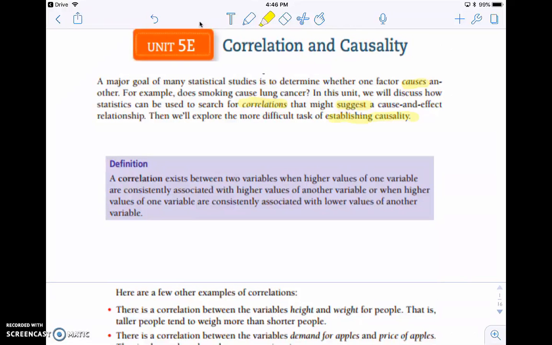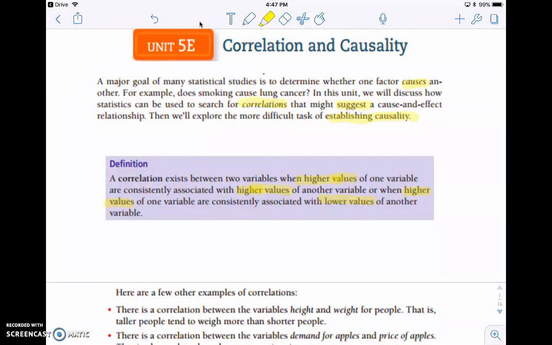And so when we talk about this idea of correlation, there's a correlation that exists between two variables. So we're going to be looking at two different things. When higher values of one variable are consistently associated with higher values of another variable, so higher values go with higher values, or when higher values of one variable consistently are associated with lower values of another variable.